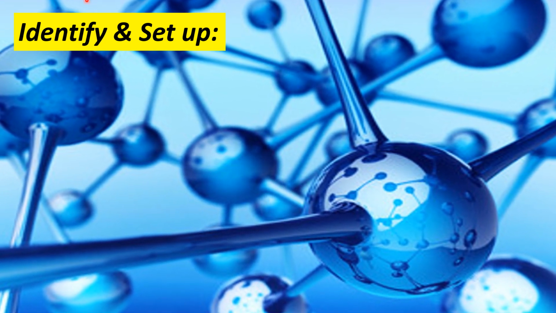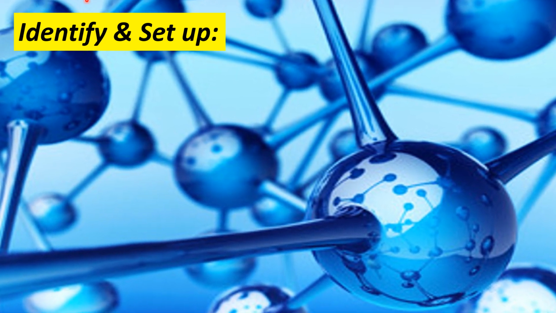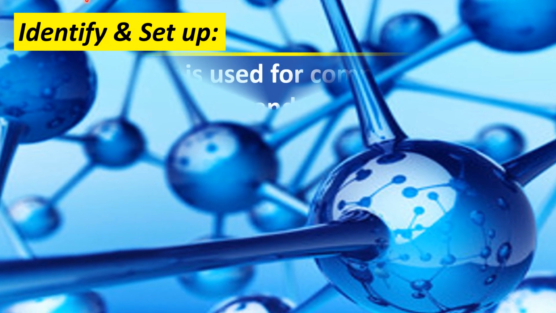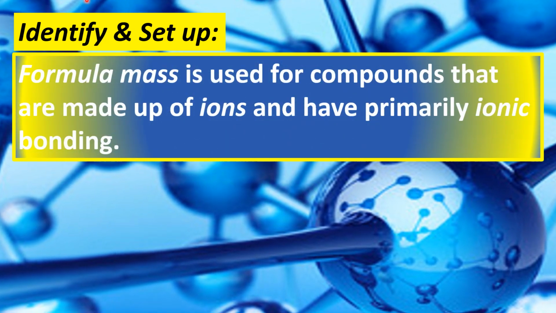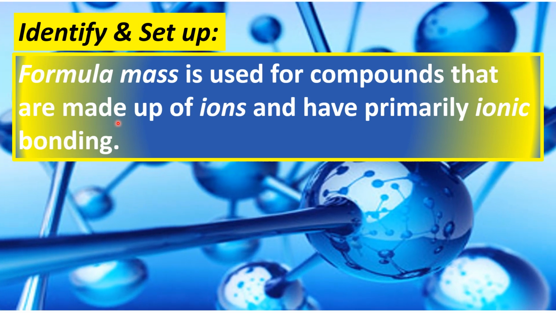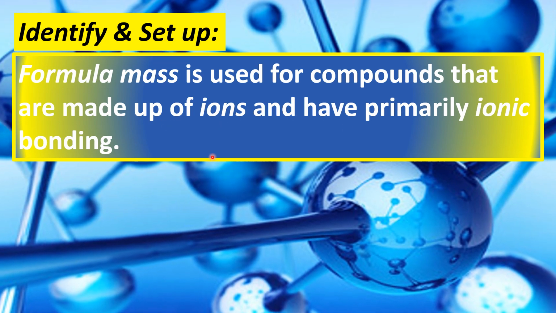Before we work out those computations, let us first emphasize the difference between formula mass and molecular mass. Formula mass is used for compounds that are made up of ions and have primarily ionic bonding.